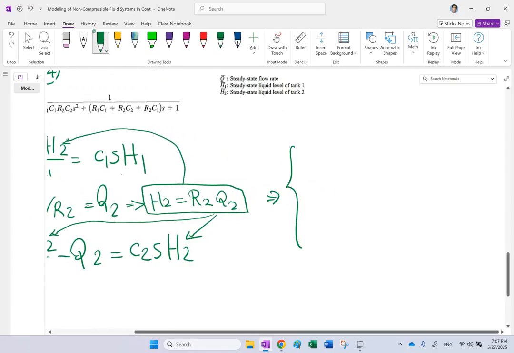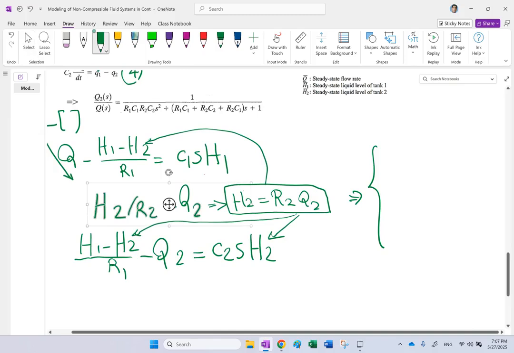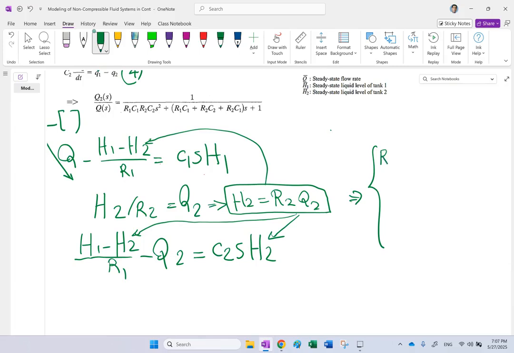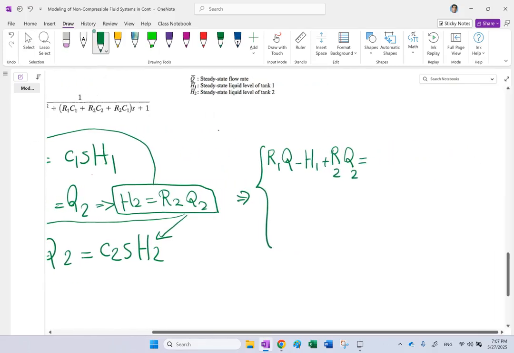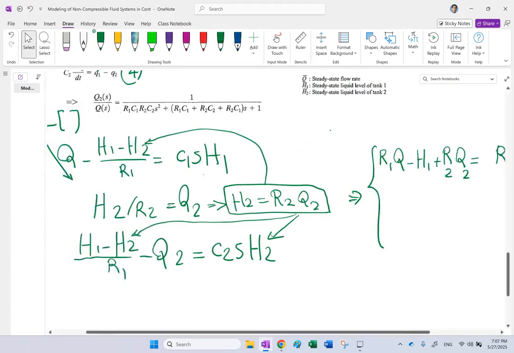So if I write the first and the last equation, especially if I multiply both sides of it by R1, it's going to be R1Q minus H1 plus H2, which is this one, equals R1C1 S times H1. That's your first equation.